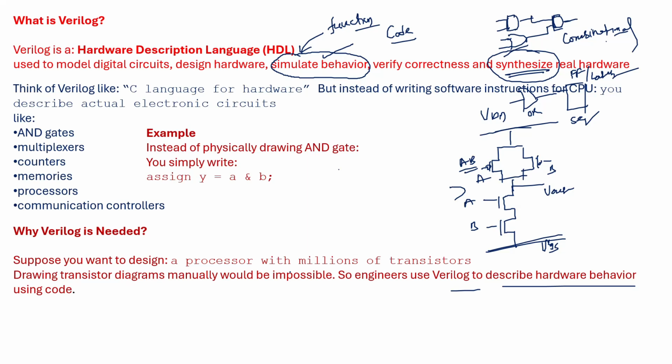It is impossible. See, for a small AND gate operation, this much circuit is needed. Or if you are doing an OR gate, this much circuit is needed, with PMOS in series and NMOSFETs in parallel connection. Implementing this circuit operation in the IC is impossible.